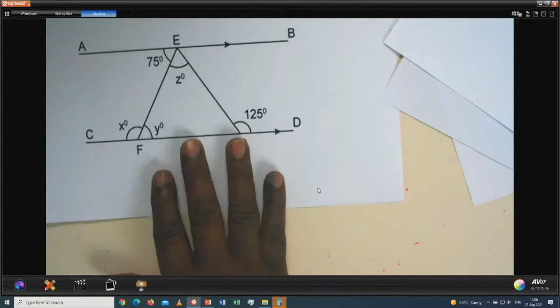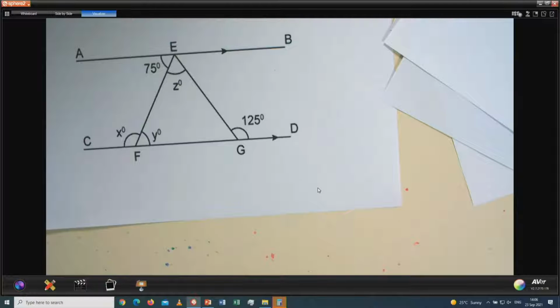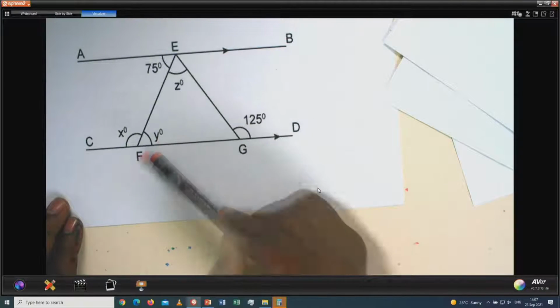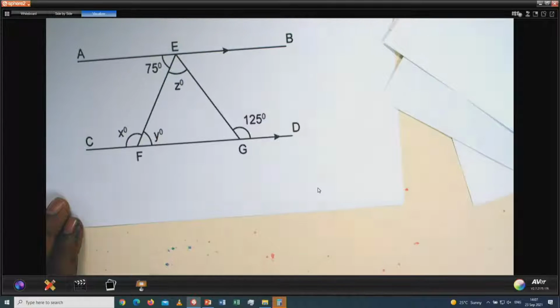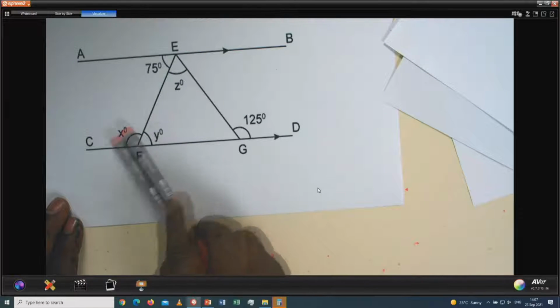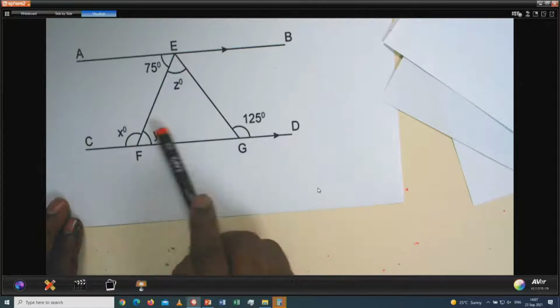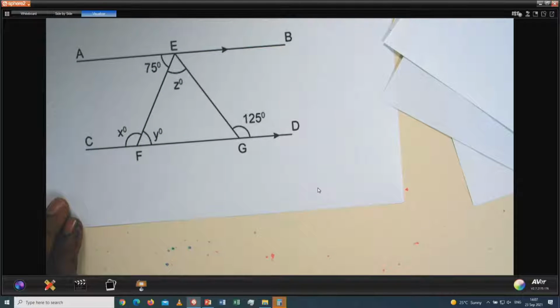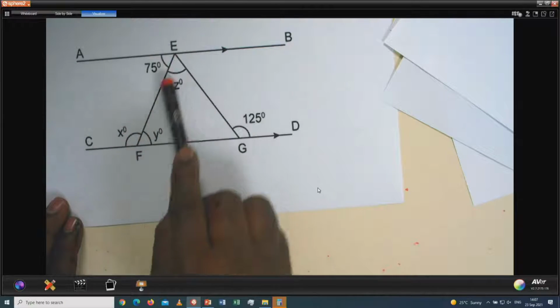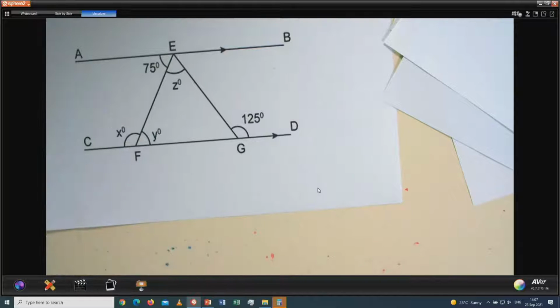Now let's check this one. Your sign is there. Those lines are parallel. There are two unknowns. Straight line is not helping us. But what do you know? You know the Z, your alternating angles.